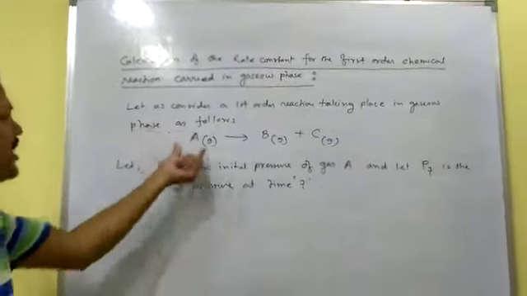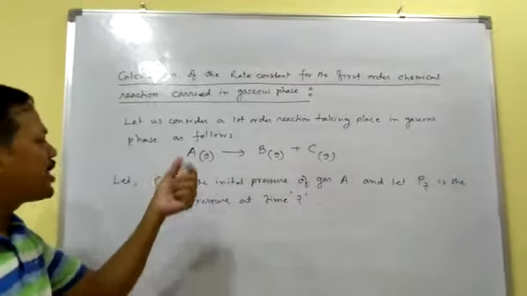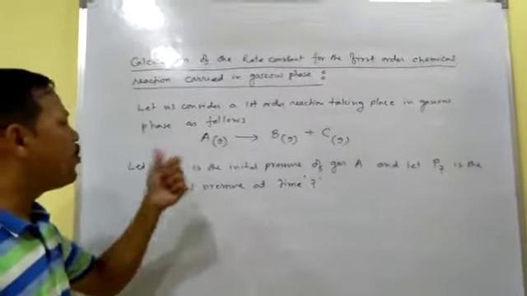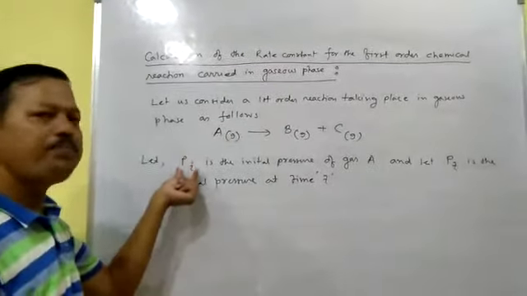Have you got it? Initially, at the starting point, only reactant is present, no product will form. So at the starting point, let the pressure of A be Pi.